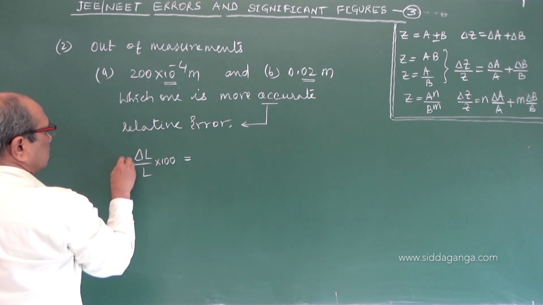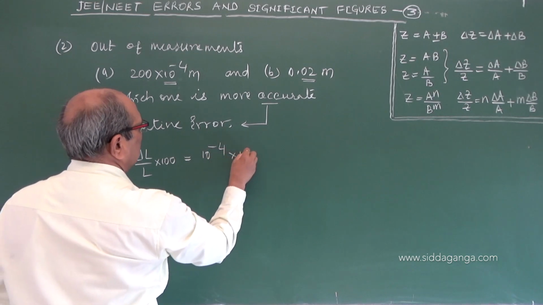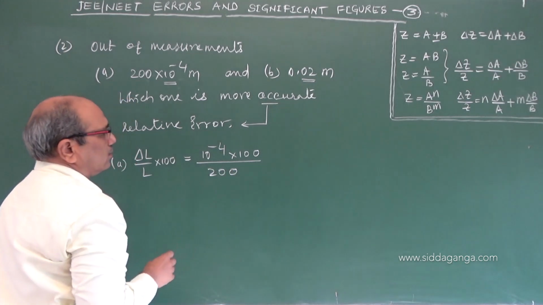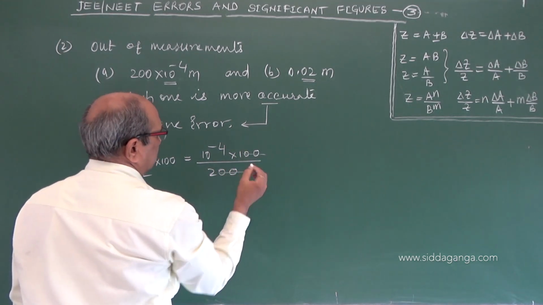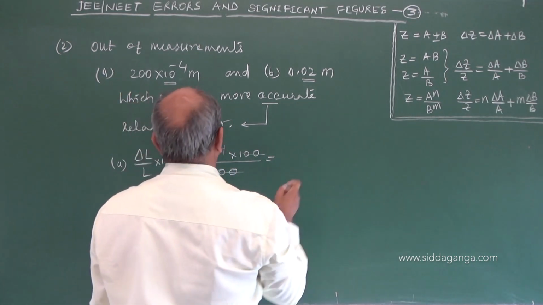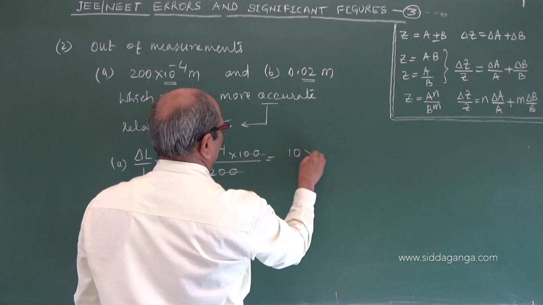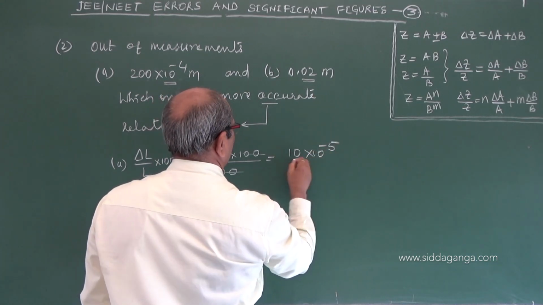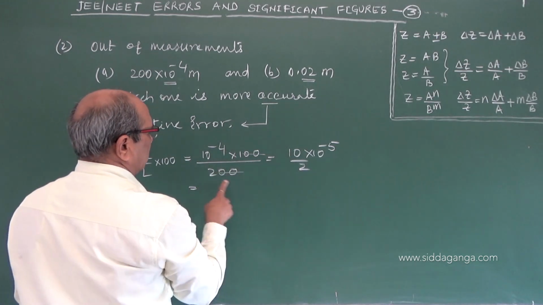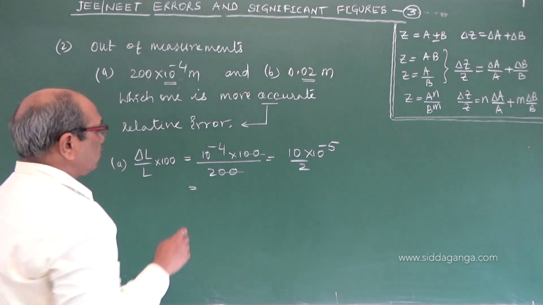In the first case, take 10 power minus 4 into 100 divided by 200. So these two cancel, and again 10 power minus 4 by 2 is 10 power minus 4, 200, no? Yes, 200, okay.